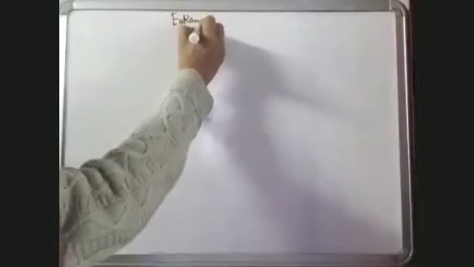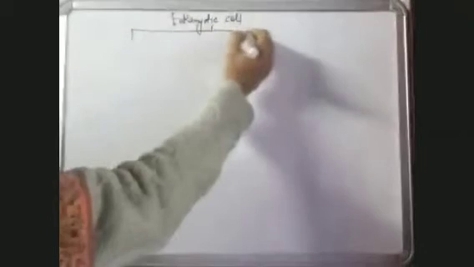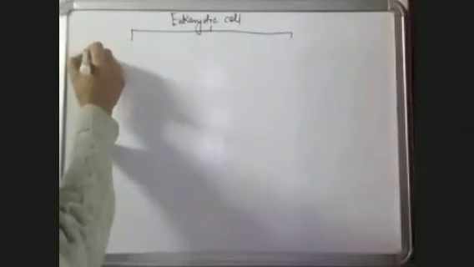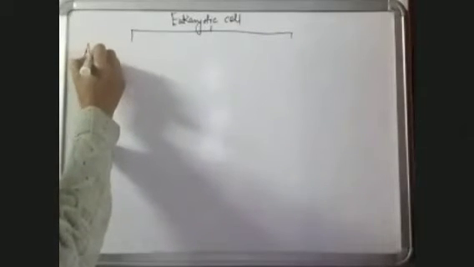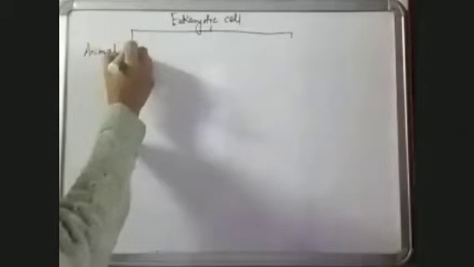Eukaryotic cell is of two types. It can be either a plant cell or an animal cell.